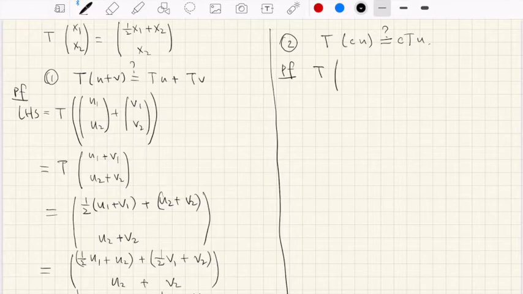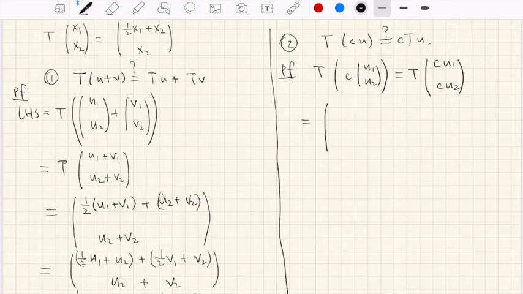So T maps C times u1, u2, and by vector multiplication that gives cu1, cu2. And we know that after the transformation, the first coordinate is half of the first coordinate plus the second coordinate, and the second coordinate doesn't change.